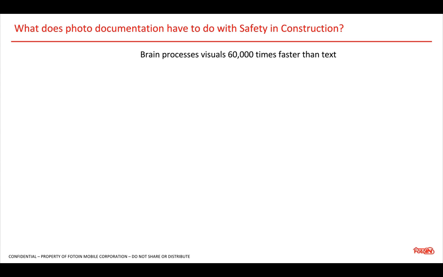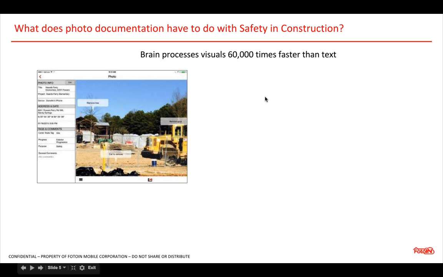Well, photo documentation basically reflects visuals. Most of the construction companies really try to capture photos during their safety management procedures. And really what Photo In is going after in this concept of photo documentation is to put the visuals at the forefront. A picture is worth 1,000 words, but research also shows that the brain processes visuals 60,000 times faster than text.